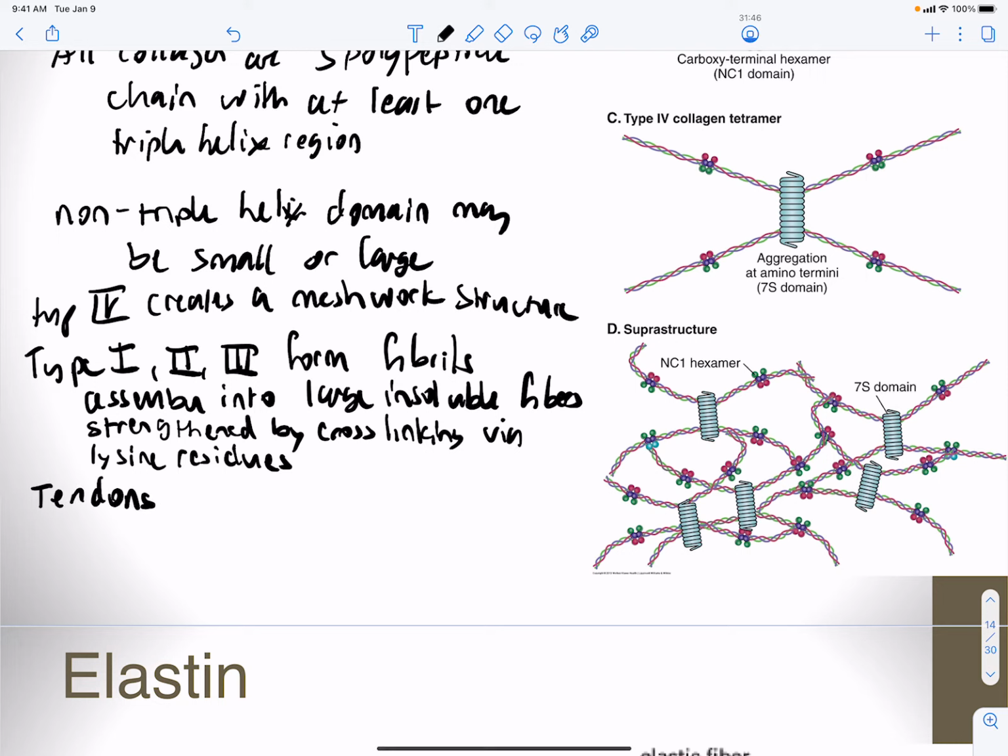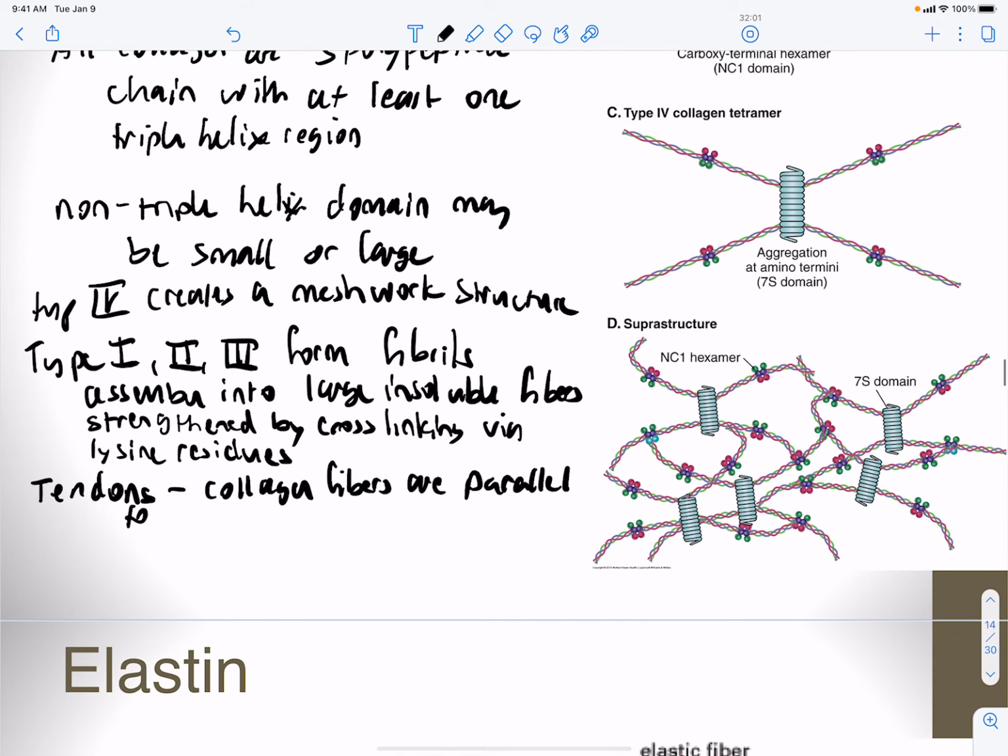So you have tendons that are going to contain collagen fibrils that are lined parallel to the long axis of the tendon. And this gives the tendon a lot of tensile strength.